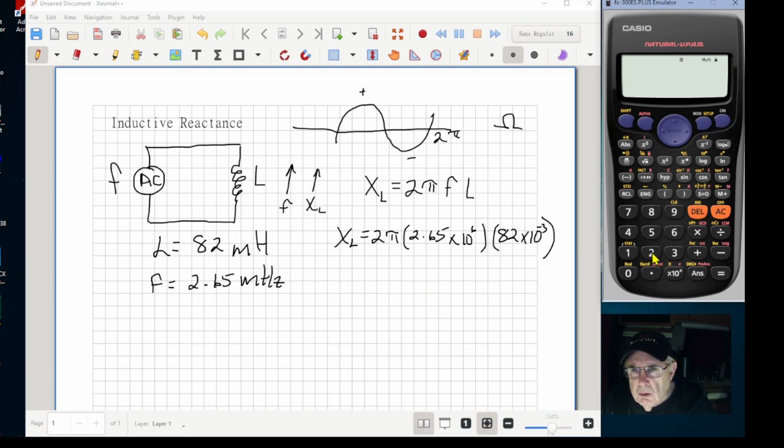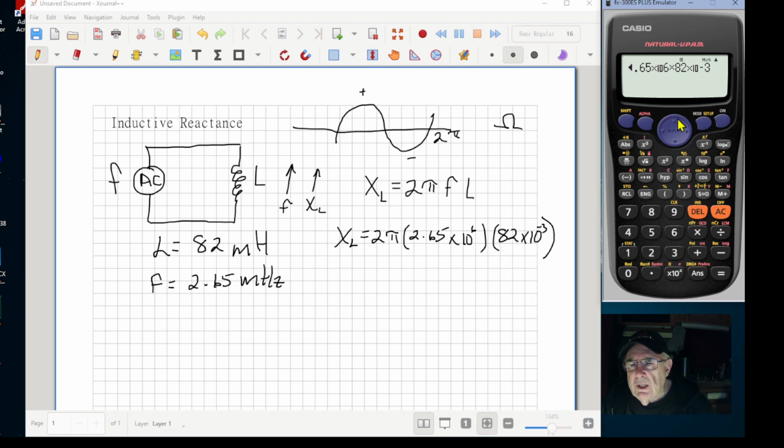So let's do 2 times, and we'll use our pi key here, times our frequency, which is 2.65 times 10 to the 6th power, times 82 times 10 to the negative 3 power.